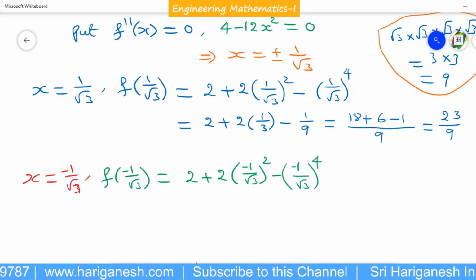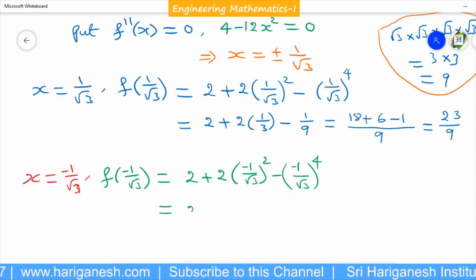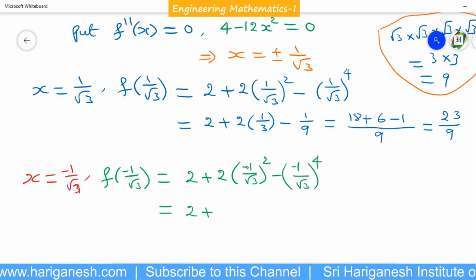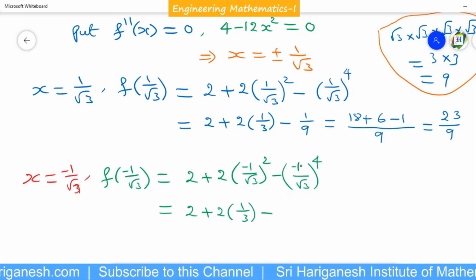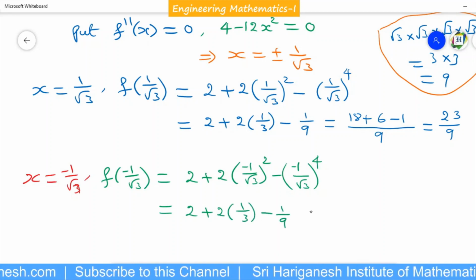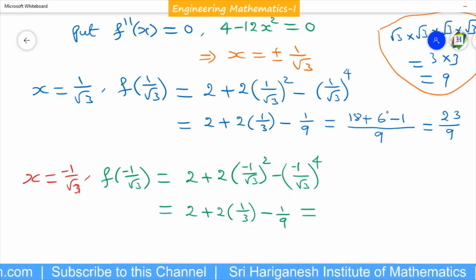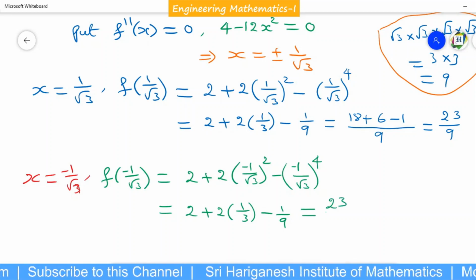Again you substitute in the same given function f of x. You will be getting the same, because when you square, minus becomes plus. So 2 into 1 by 3 minus 1 by 9. I don't want to take LCM once again, it is the same value. Again it is 23 by 9.